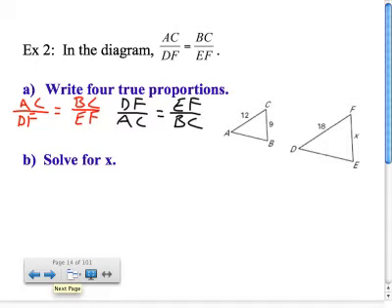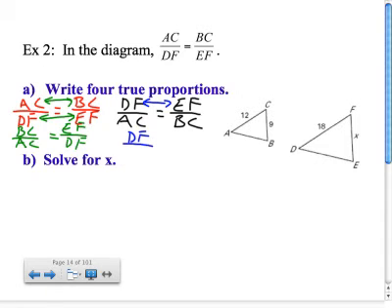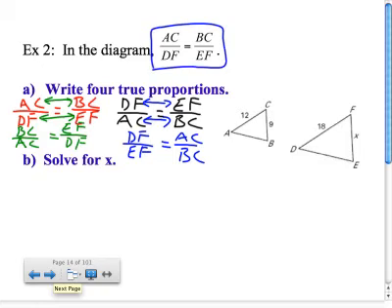And then I can go ahead and say BC over AC is equal to EF over DF. And then over here, I could say that DF over EF is equal to AC over BC. So there's 4 true proportions that have to be true given this one.